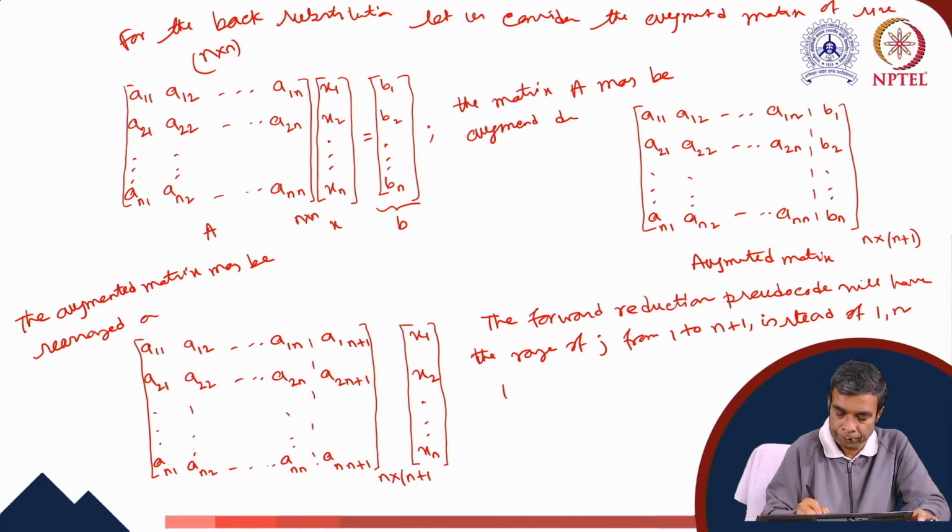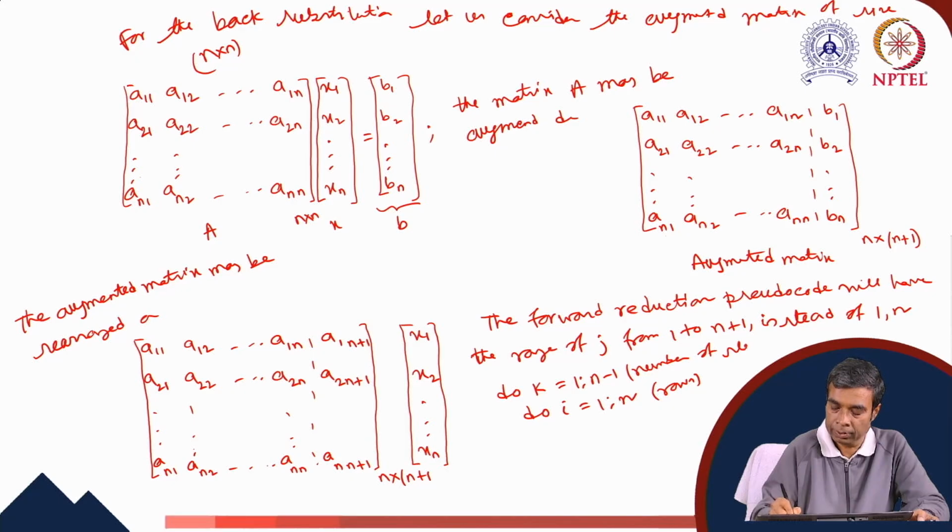So we have do k equals 1 to n minus 1, do i equals 1 to n, these are rows, these are number of steps, do j equals 1 to n plus 1, these are columns.